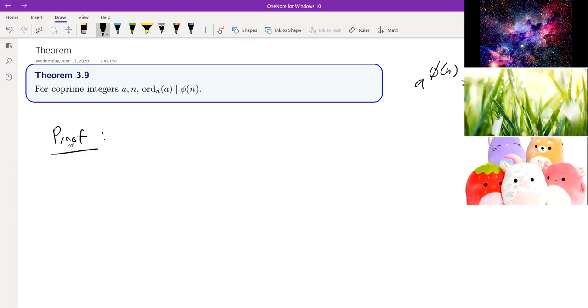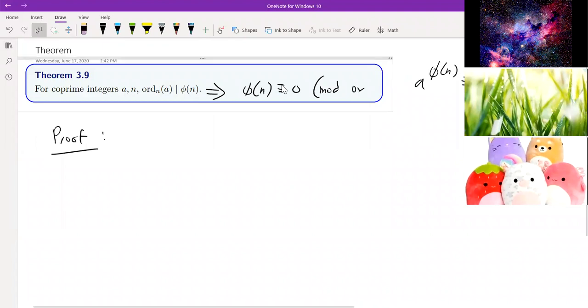So we're going to assume that instead it is not divided. And remember, we can write this division as phi of n is congruent to 0 mod the order of a mod n. So that's what the statement is saying. So we're going to assume that it's not congruent to 0.